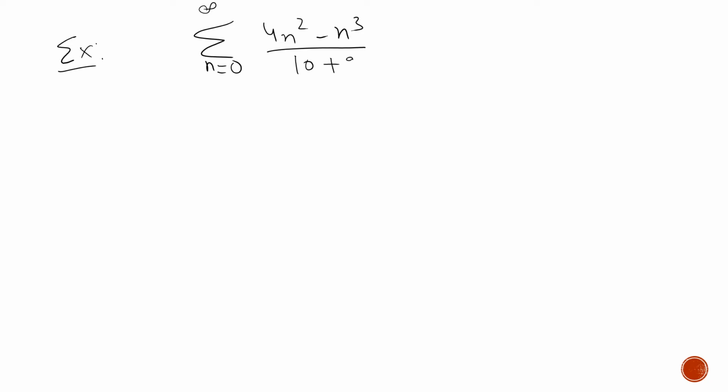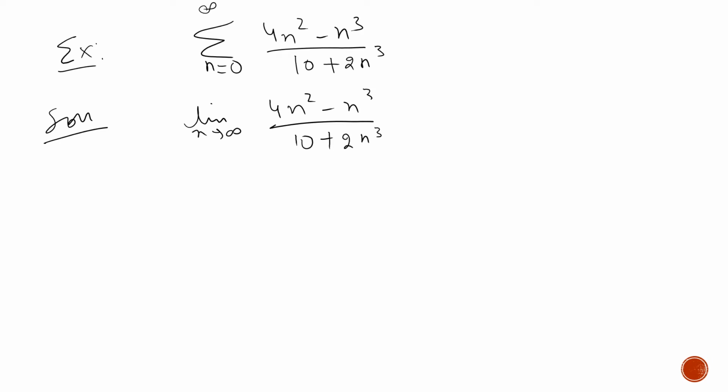Let us take the last example for this theorem. If you want to determine the convergence or divergence of this series, you observe that the limit of n tending to infinity of a_n is equal to minus 1 by 2, which is again not equal to 0.